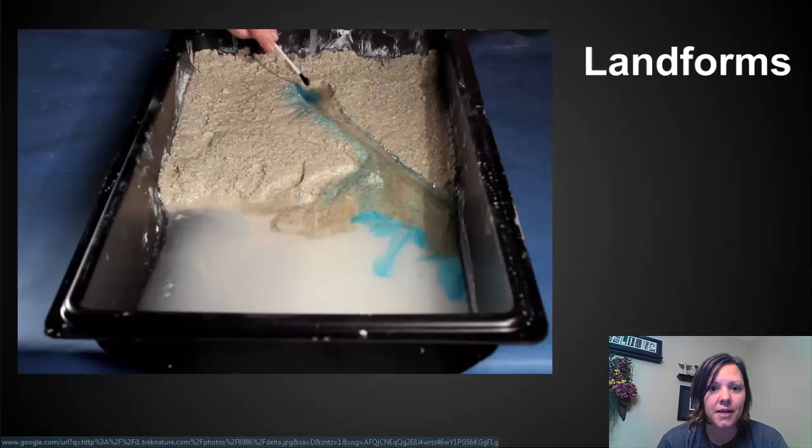So here is our stream table, and I want to make sure that we're able to not only see the actual process, but also identify the landforms. We will also be talking about deposition of the sediments that get deposited down into the basin.